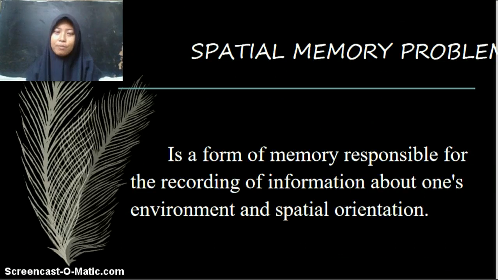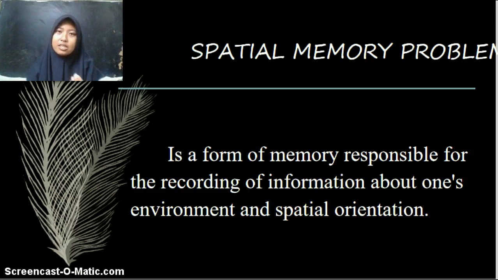It is often argued that in both humans and animals, spatial memory is summarized as a cognitive map. Spatial memory has representation within working short-term memory and long-term memory.